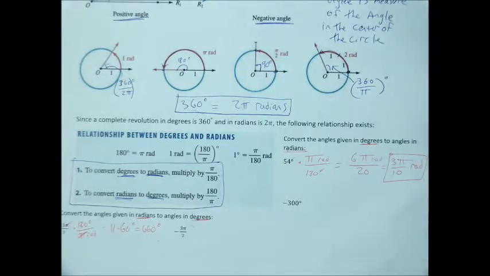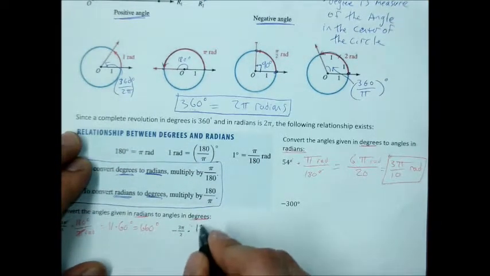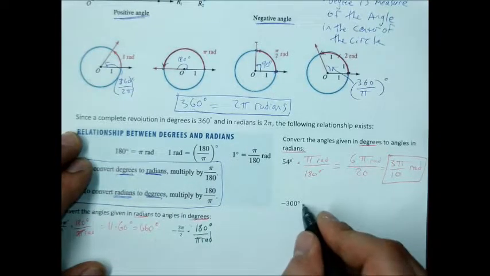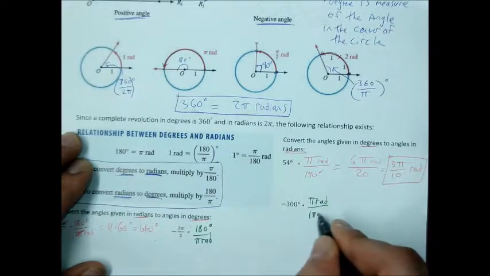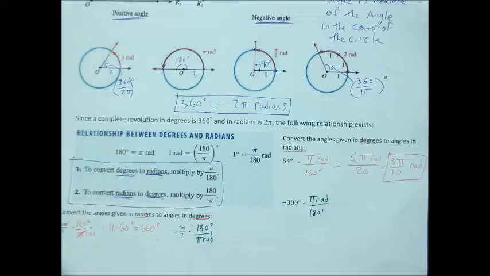Just in case you're stuck, on this one you want to be multiplying by 180 degrees over pi radians, and on this one you want to be multiplying by pi radians over 180 degrees. All right, please make sure you're trying this. This is an important part of the learning process. Don't forget. I'll be back in just 1 minute.